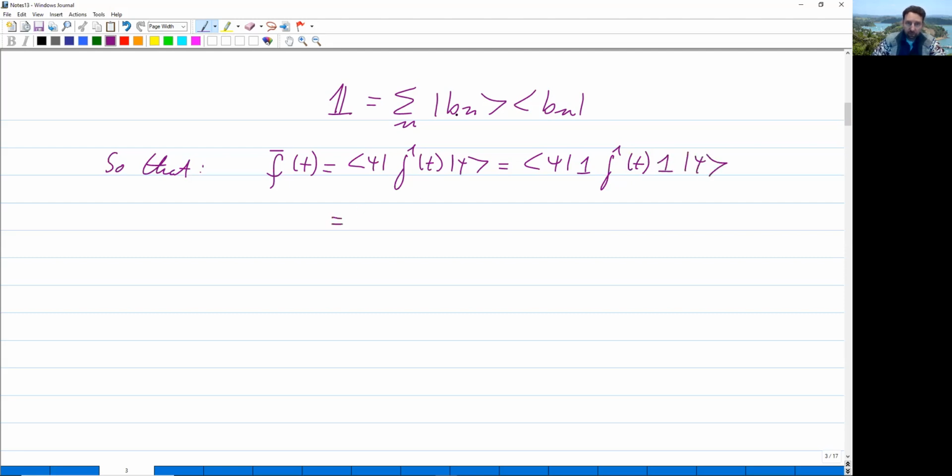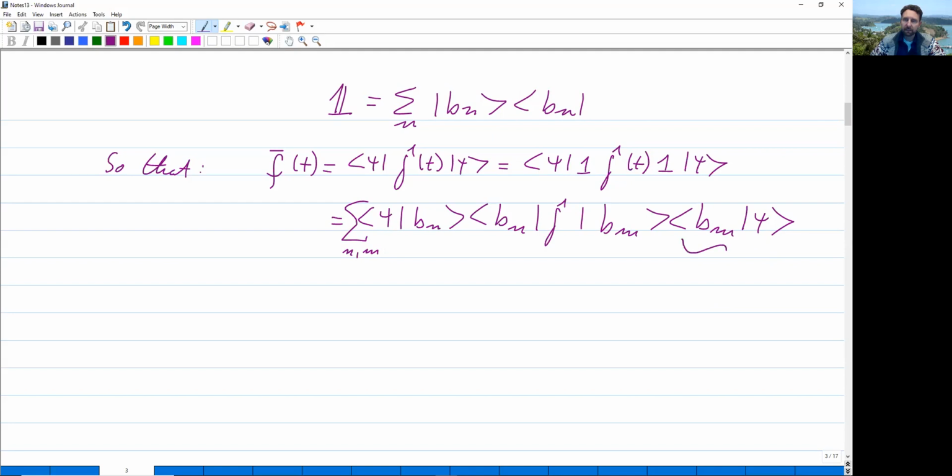And we use these resolutions of the identity here, and then we have a sum over n and m. And we have psi, Bn, Bn, f hat, and then Bm, Bm, psi.